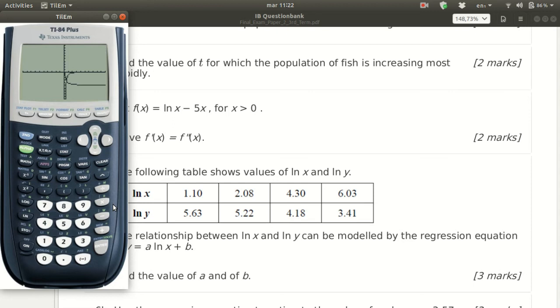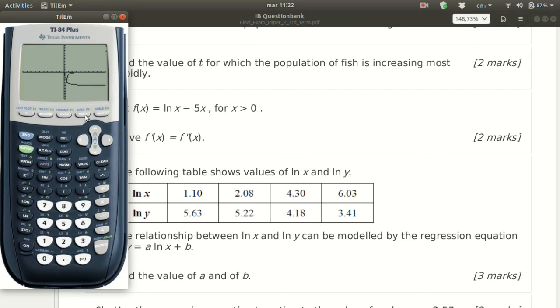Okay, so there's an intersection point, and remember guys that precisely the intersection point is the solution. So second trace, intersect. So first curve, you want to choose your first curve. Second curve, choose the second curve.